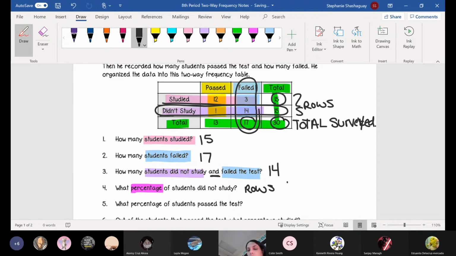So that would be 15 out of 30 did not study. What is 15 out of 30 as a percentage? 50%. So that is the percentage of students that did not study. We just took 15 out of 30.